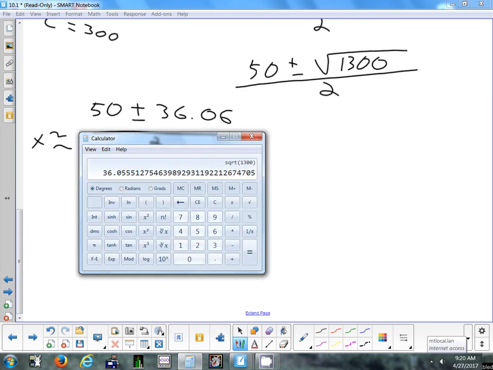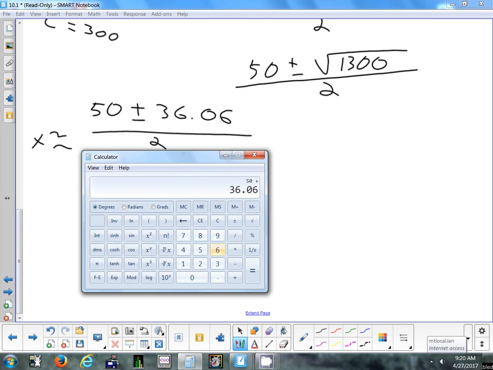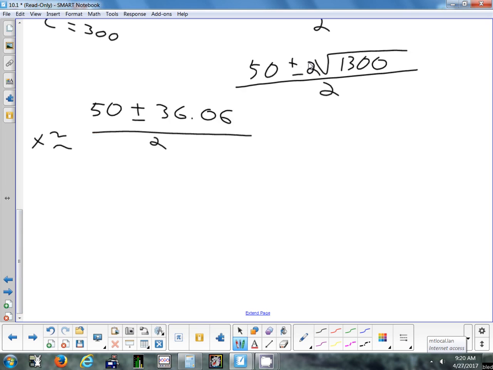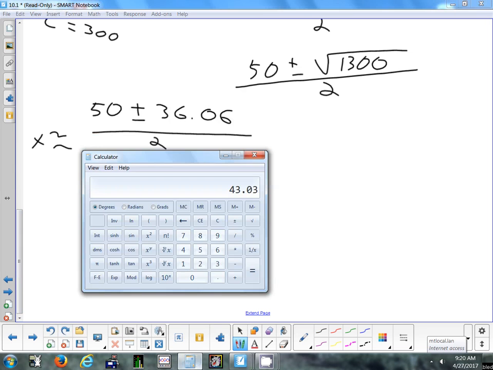50 plus 36.06. Question? Can't we take out the 2, technically? Unless we had a 2 on the outside of the square root, then we could cancel it everywhere. But you can't cancel it with the 1300 under the root. Let me check again. So 50 plus 36.06.